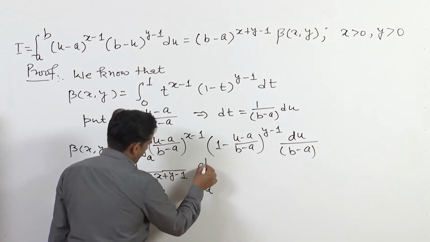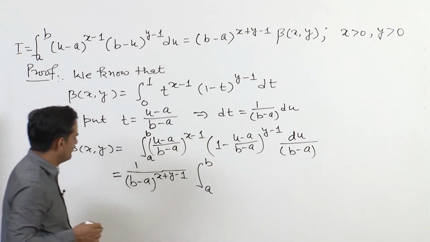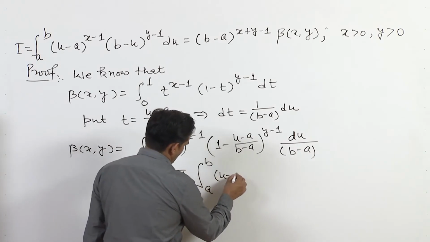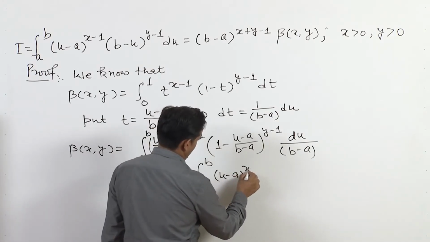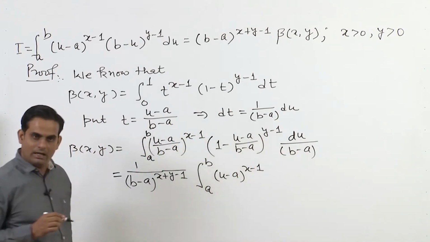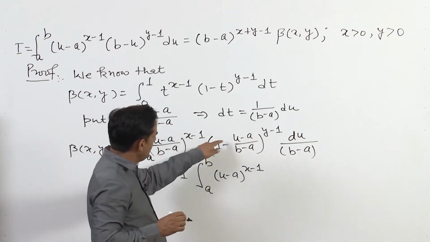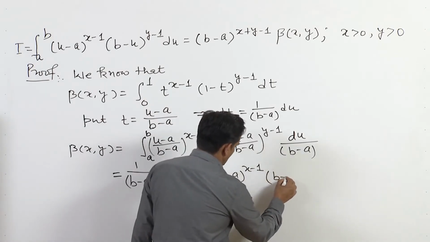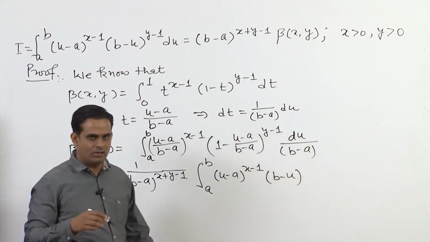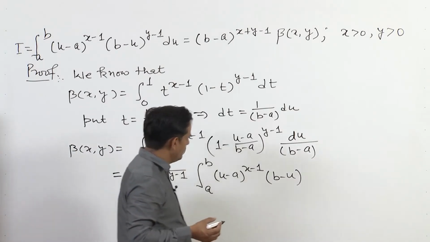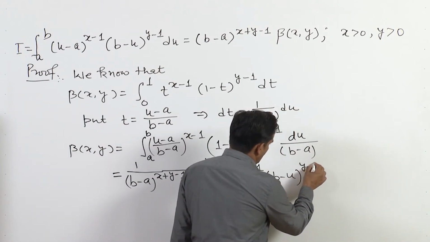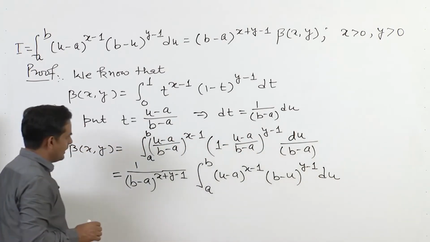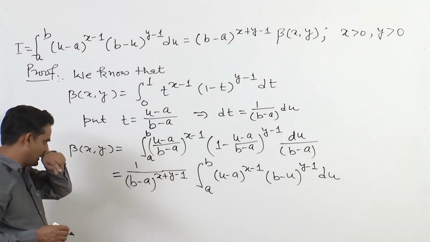So the integral over a to b of (u minus a) raised to power x minus 1, then (b minus a minus u plus a), which becomes (b minus u) because minus a and plus a cancel out, raised to power y minus 1, du, and this equals beta of x y.